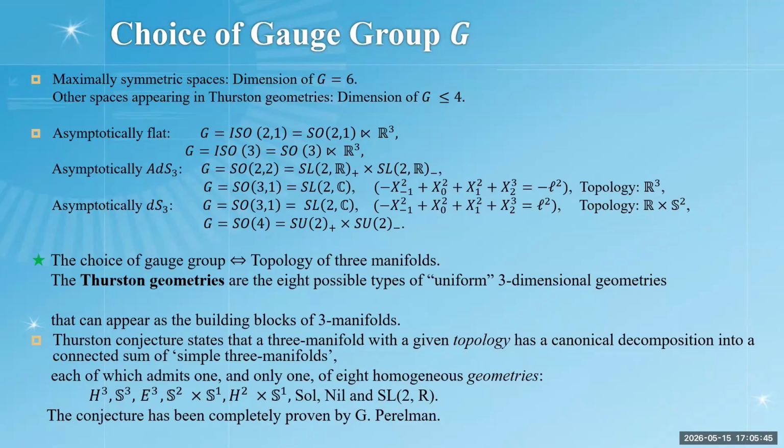That is 8 kinds. So H3, which physicists say is AdS3, this is Euclidean de Sitter, S3, and then Euclidean space, and then the product spaces, and then we have some strange spaces. This geometrization conjecture by Thurston was famously proved by Perelman. He introduced a very interesting theory. I will briefly introduce Perelman's result.